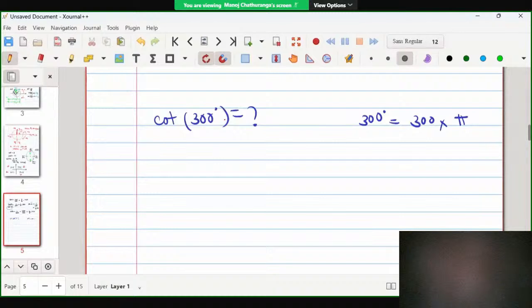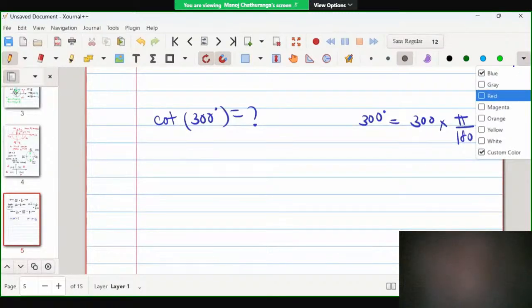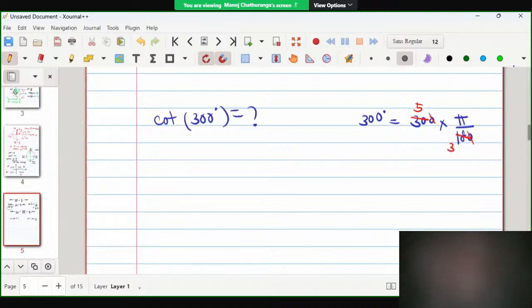So a single degree is pi divided by 180 radians. Then 6 times 5, 6 times 3. So the answer is 5 pi by 3.